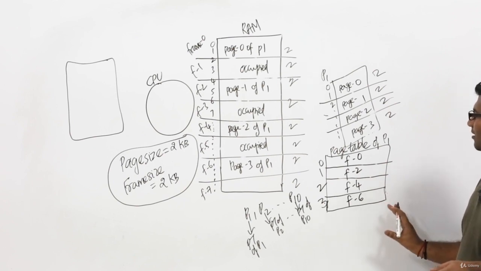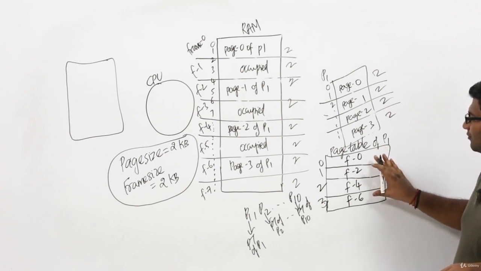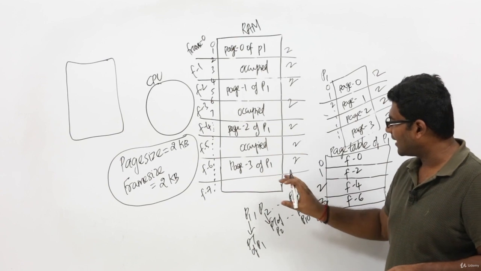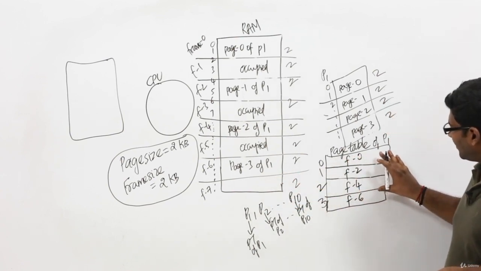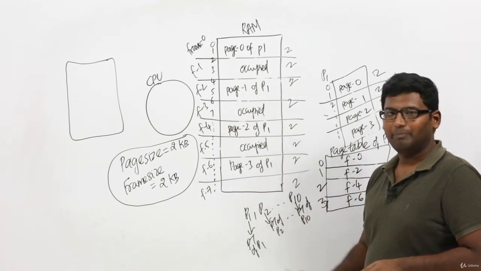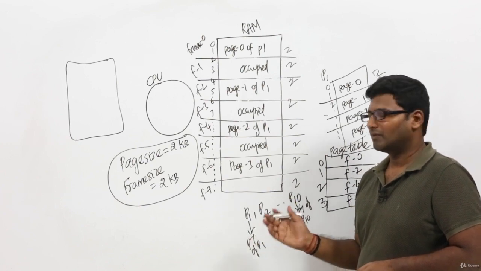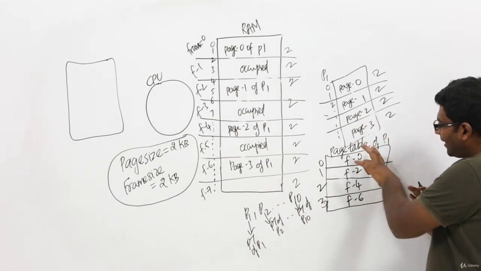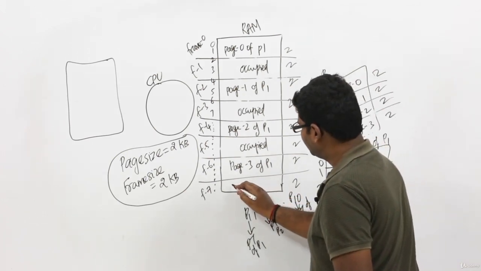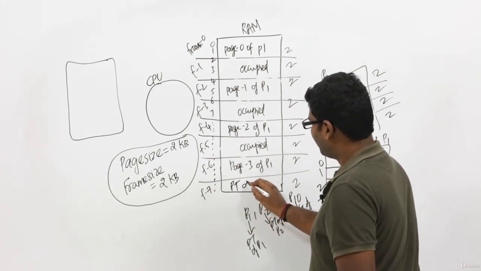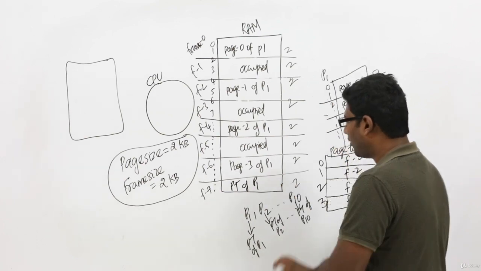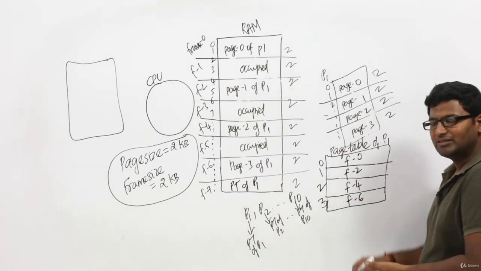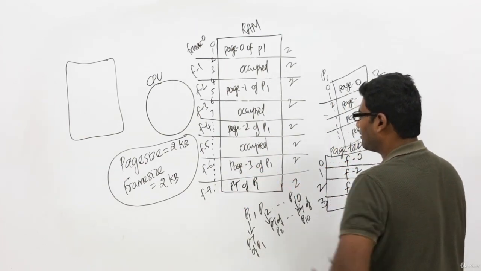Let us assume that this complete page table is small enough to be placed inside a single page, a single frame of RAM. Let us assume that the page table of process P1 is placed here. I am not putting the table here, but you can think that this table is present inside it.